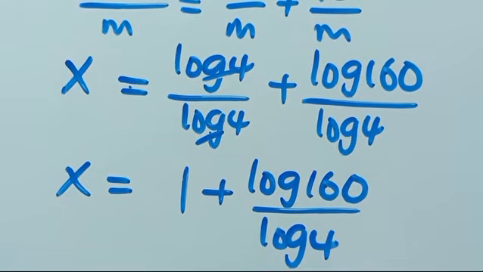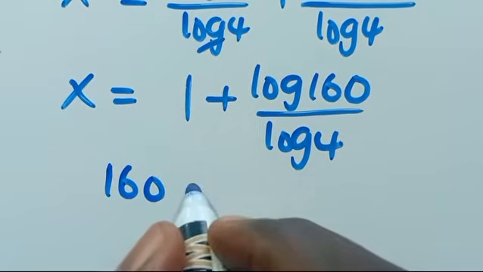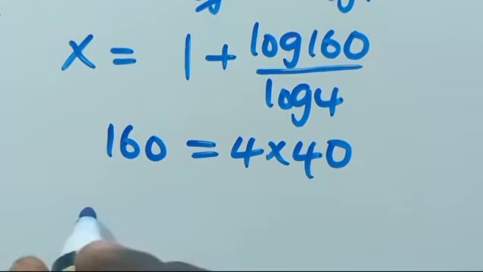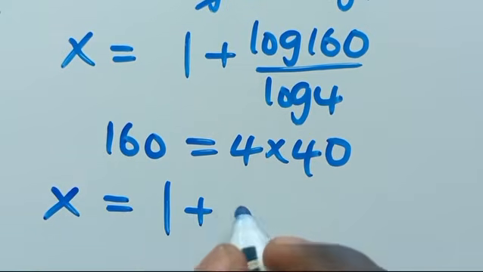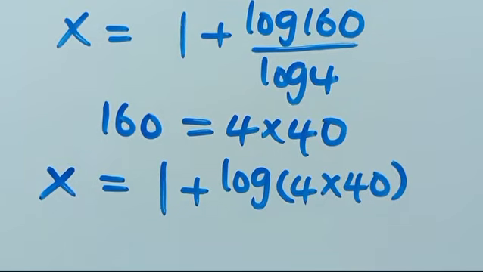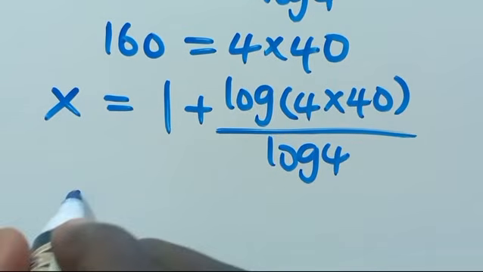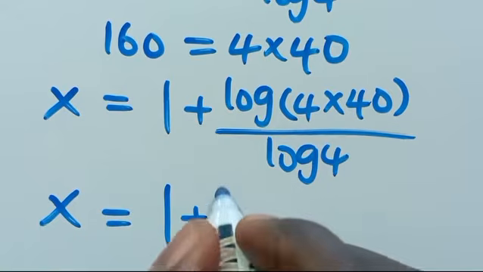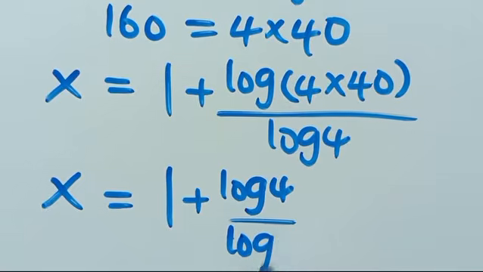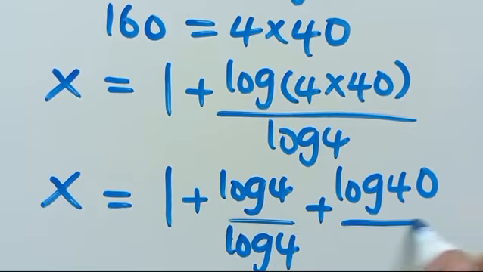So from here again, we can also have 160 as the product of 4 times 40. Applying it here, we have x equals 1 plus log 4 times 40 over log 4. x will be 1 plus log 4 over log 4 plus log 40 over log 4.